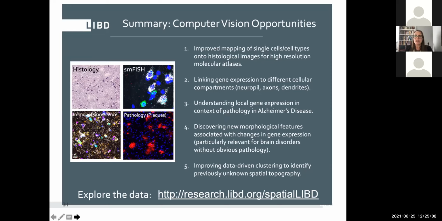I've listed a few of these ideas here, including improved mapping of single cells or cell types onto histological images for high resolution molecular atlases, linking gene expression to different cellular compartments like neuropil, axons, and dendrites, understanding local gene expression in the context of pathology in Alzheimer's disease, discovering new morphological features associated with changes in gene expression, which is particularly relevant for brain disorders without obvious pathology, and lastly, improving data-driven clustering to identify previously unknown spatial topography.